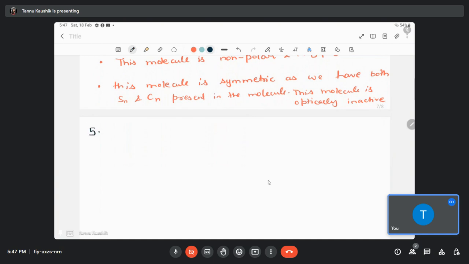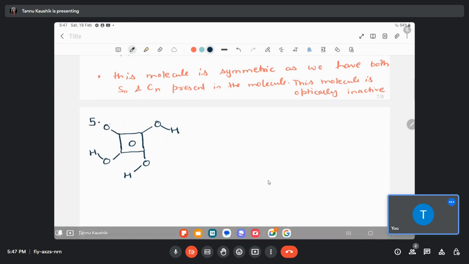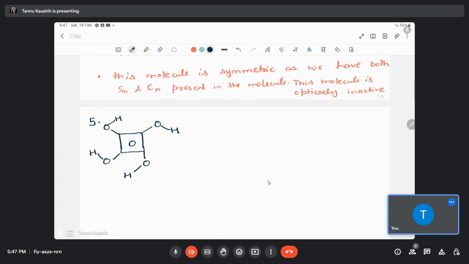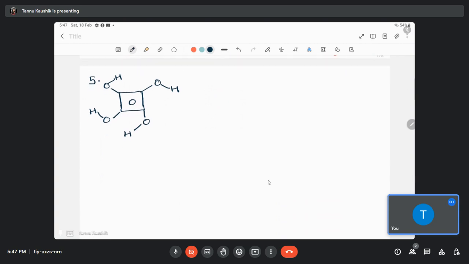The next molecule is... okay. So we will start with whether the molecule is linear. Clearly, it is not linear.